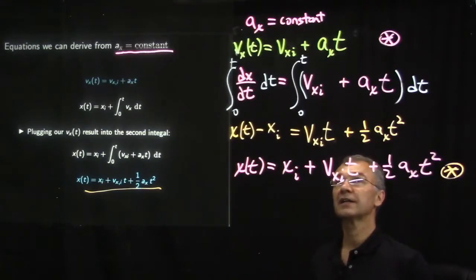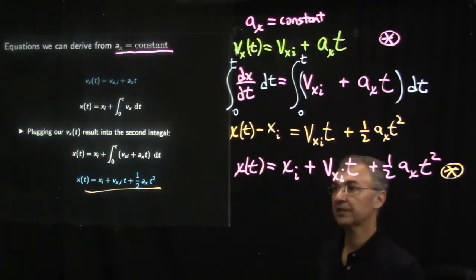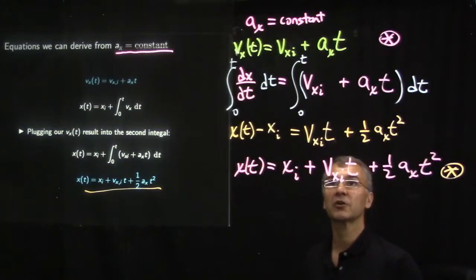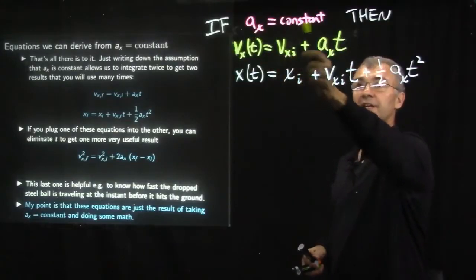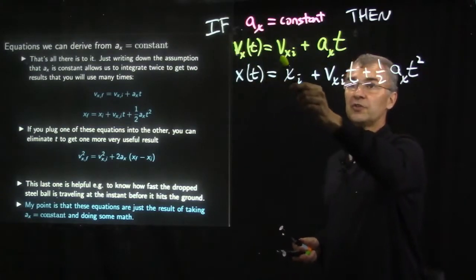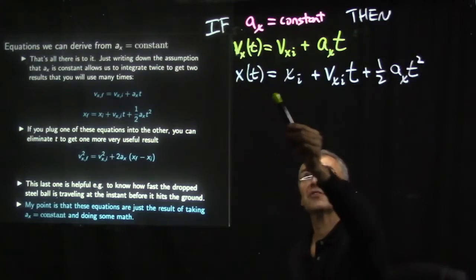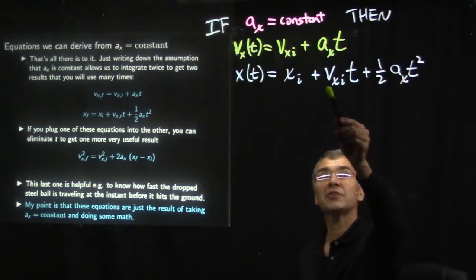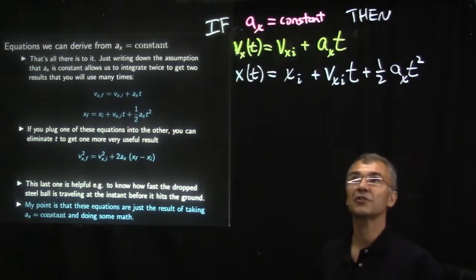Good. Now there's actually going to be one more result we can get by combining these two starred results. So let's see what that is. It turns out it's useful in problems where you don't care about the value of the time. If the acceleration in the x direction is constant, then v sub x is v sub x initial plus a sub x t, and x is x initial plus v sub x initial times t plus 1/2 a sub x t squared.